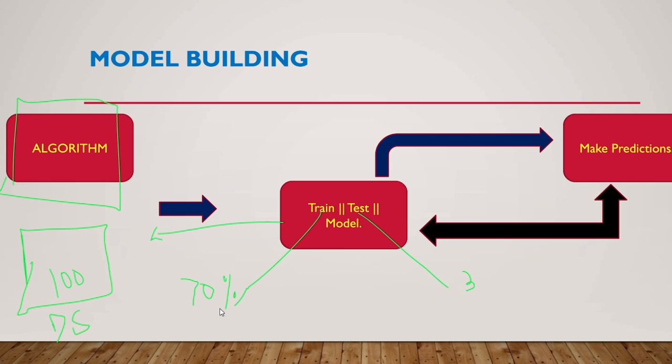If I'm doing prediction, then I will use linear regression, and I will train my linear regression model on 70% of the data which I have, and then after that I will test on the remaining 30%. Okay guys, so this is a train test split which we will see in our future videos.